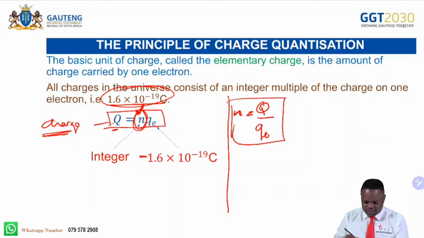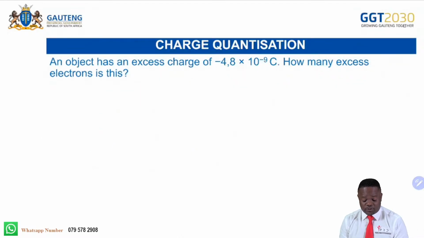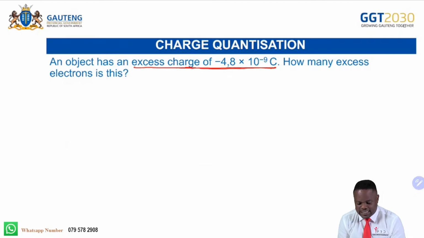All right, let's look at a typical question so that we can see what we are dealing with. An object has an excess charge of negative 4,8 times 10 to the power negative 9 coulombs. Already you know that that charge is carried by a certain number of electrons. How many excess electrons is this? Remember, each electron carries negative 1,6 times 10 to the power negative 19.